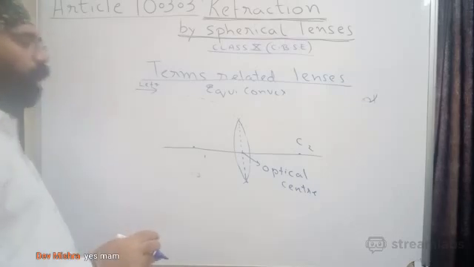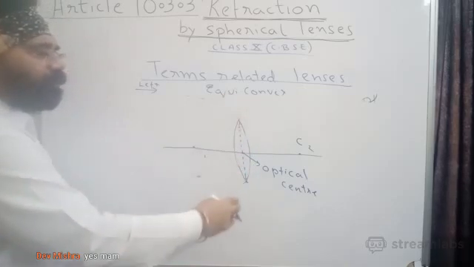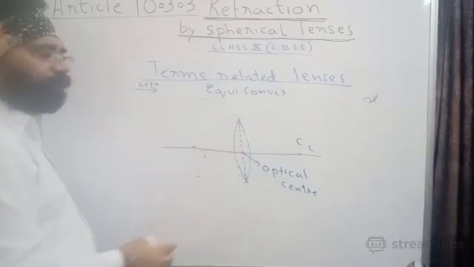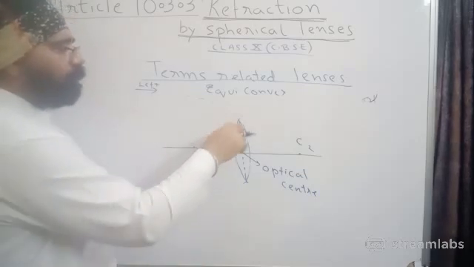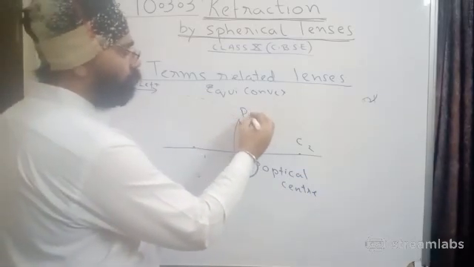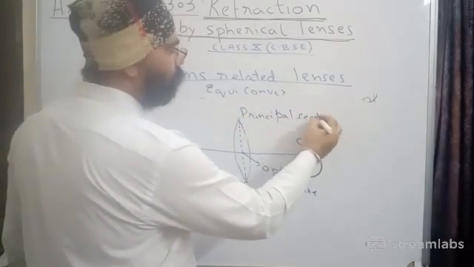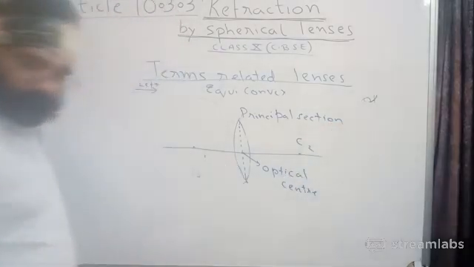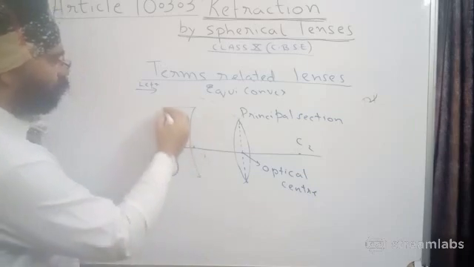Okay, and the line which divides the lens into two equal parts, having the optical center also on it, from there we make the light bend whenever we want to converge it. This is known as the principal section. Okay, got it, everybody? Understood? Similarly, I'll have it for a concave lens also.